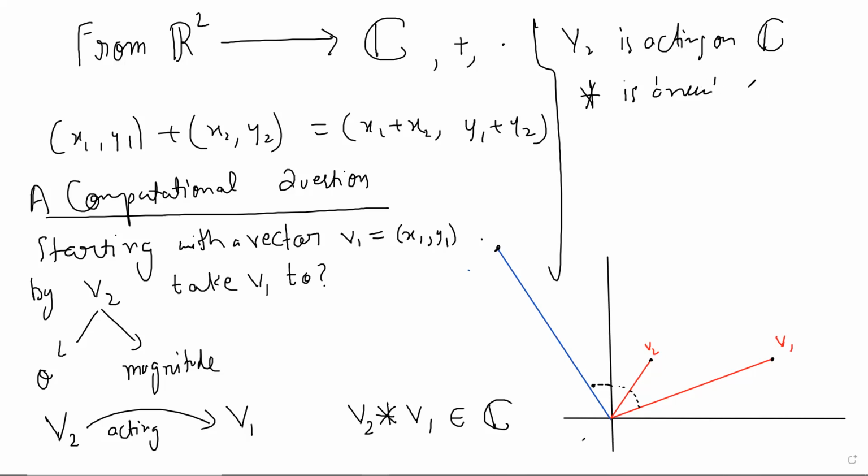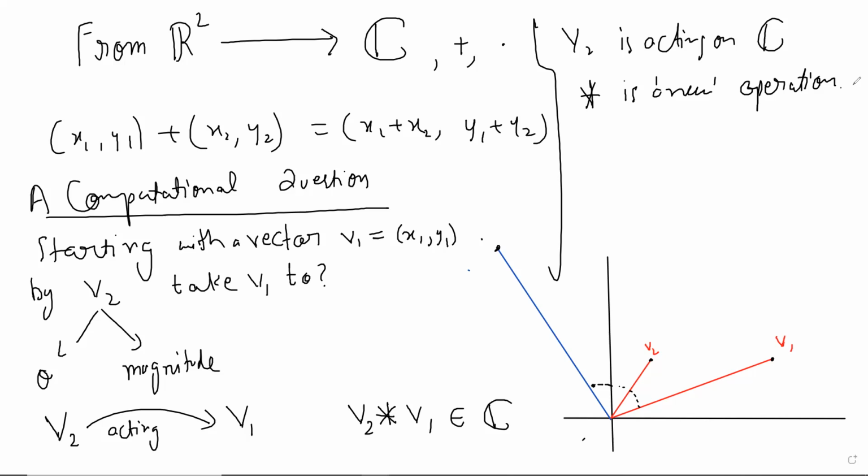So this is a new operation, and you can see that already this is a multiplication. Even if you don't computationally figure out what the product of v1 and v2 exactly is in terms of x1, y1 and x2, y2, you know that this is a multiplication you've introduced on R2, which was just necessary.